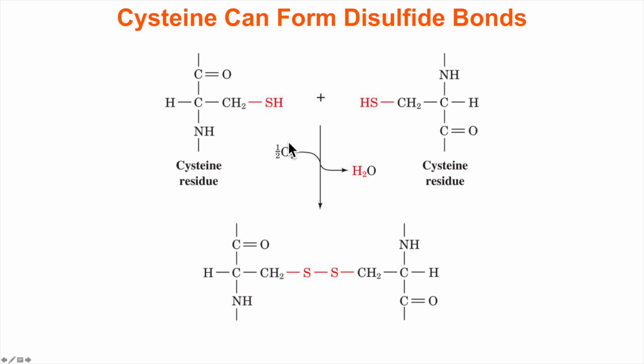Well, it's got this oxygen group here, so it's an oxidation. And you can also see that these hydrogens are going away. If we go the other way, even if you didn't see the oxygen and the water here, you would see that these gained hydrogen, so that's a reduction in the reverse reaction. So disulfide bonds are important. We will talk more about them. Cysteine is the only amino acid that can do that.